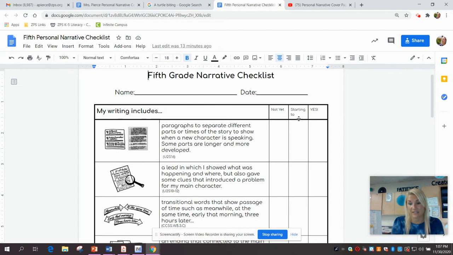Not that it'll be perfect, but it's showing really good strategies, or yes, they nailed it. These will be worth points, and then we will give an overall percentage and a letter grade on your personal narrative. So you want to make sure that your narrative has all of these things in it.